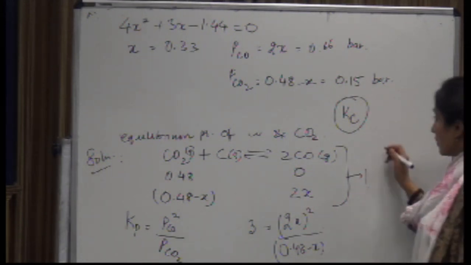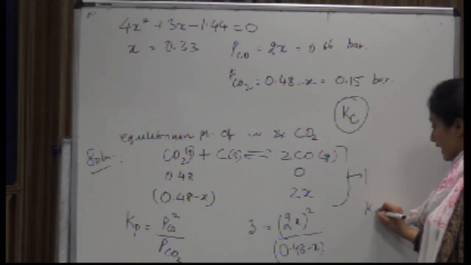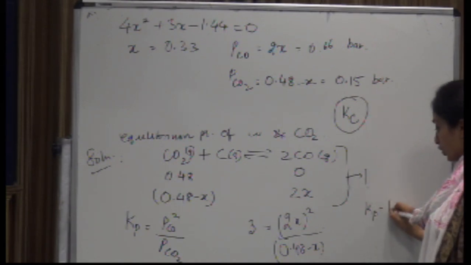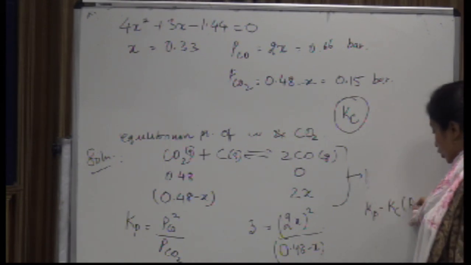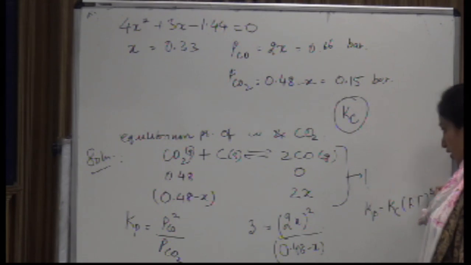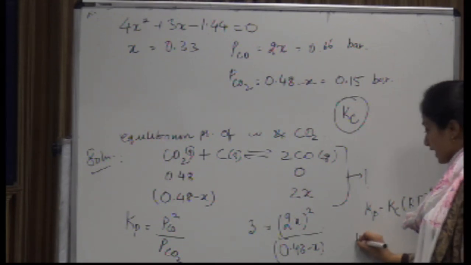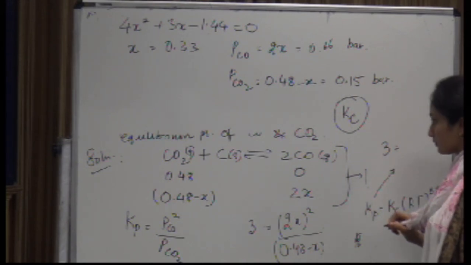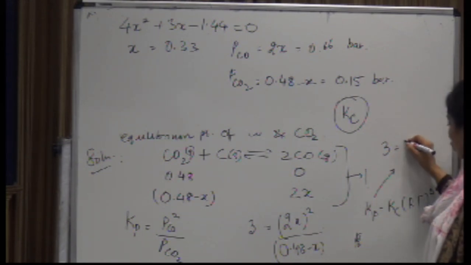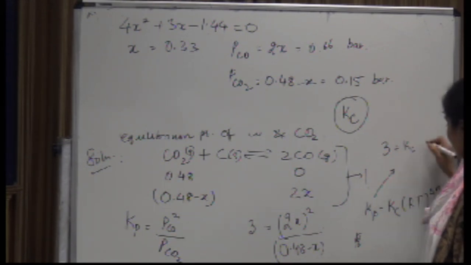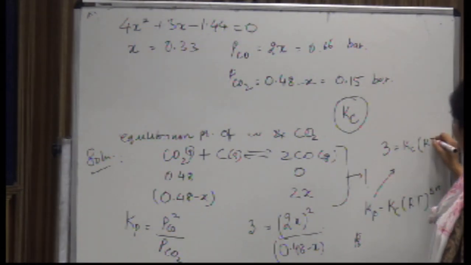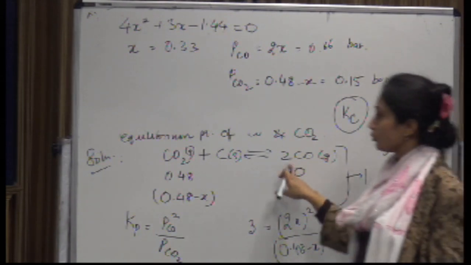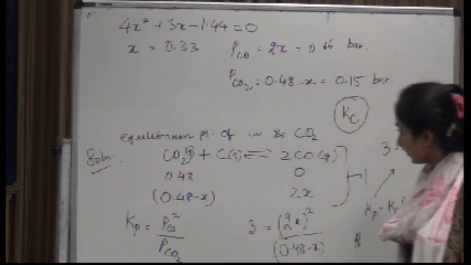So what will you have? Your Kp will be equal to Kc into RT to the power delta N. What will be your delta N in this case? Kp is given as 3. So you will have 3, RT is, delta N is 2 minus, why 2?